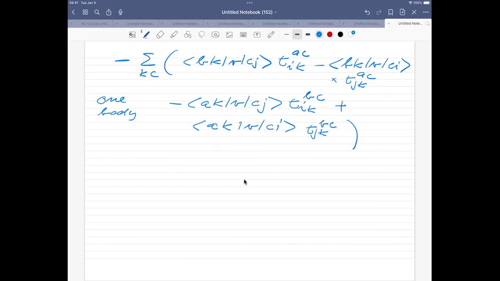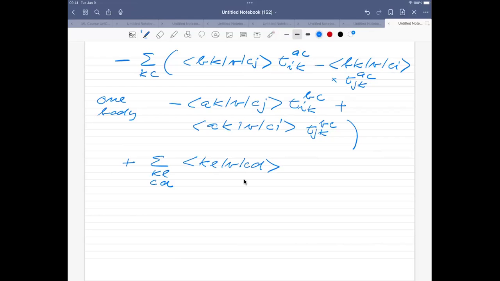And then finally, I'm going to get quite some two-body terms which arise from the T2 squared part. So I'm going to get plus a sum over klcd, and I'm going to have the matrix element <kl|v|cd>. So this is a two-particle, two-hole excitation.